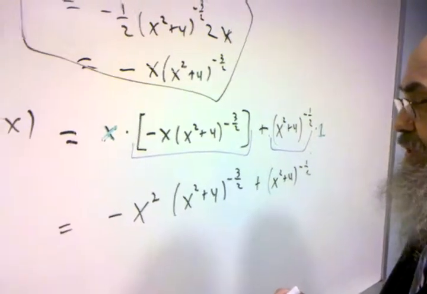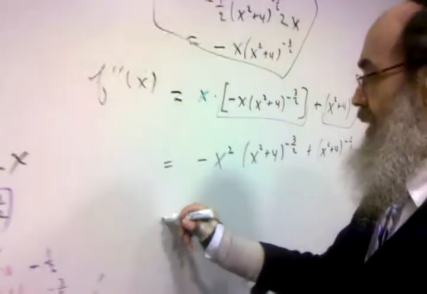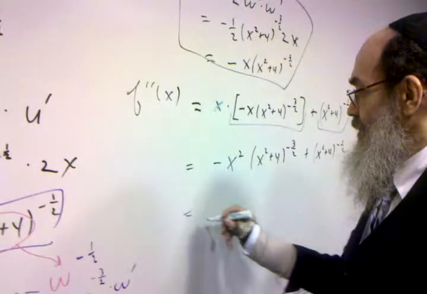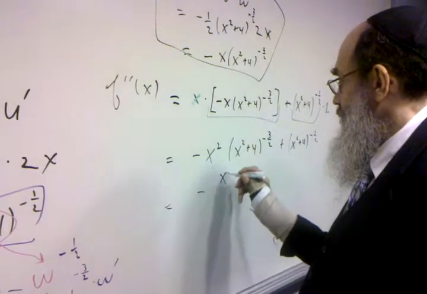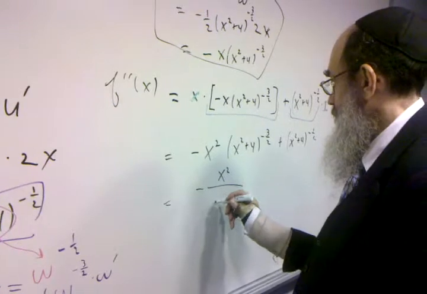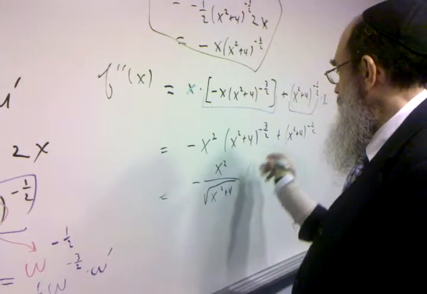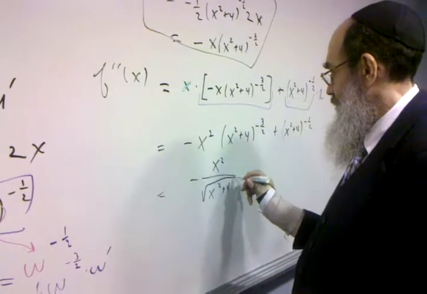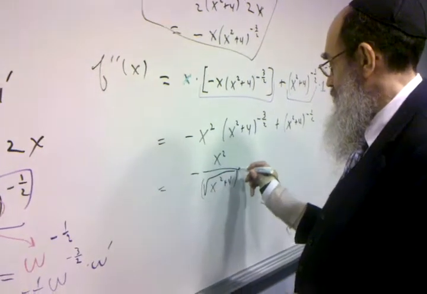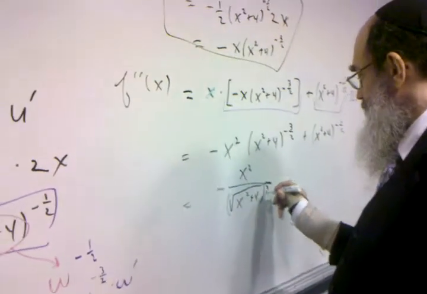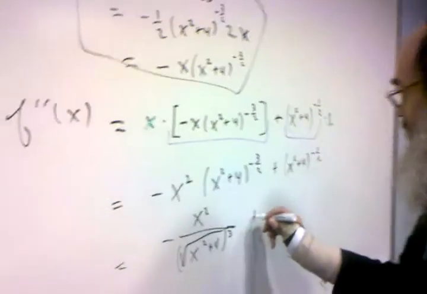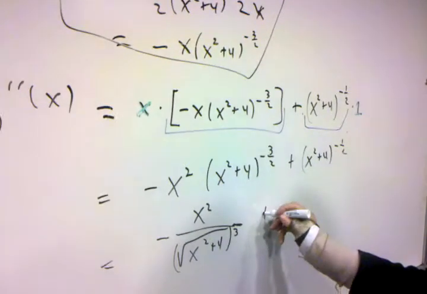Putting that in a more standard way of writing it, the negative exponent means we have negative x squared over x squared plus 4, the square root of all that, because the 2 on the bottom means a half. Then I cube it because the 3 means it's raised to the 3rd power. Over here I have this 1 over the square root.